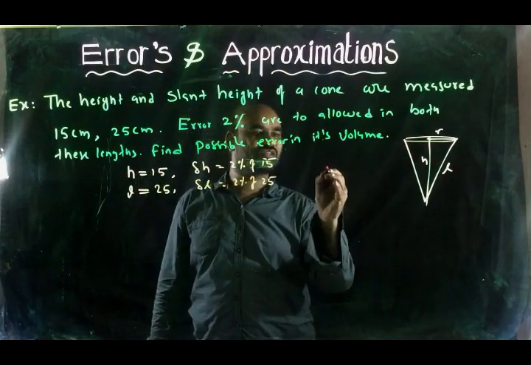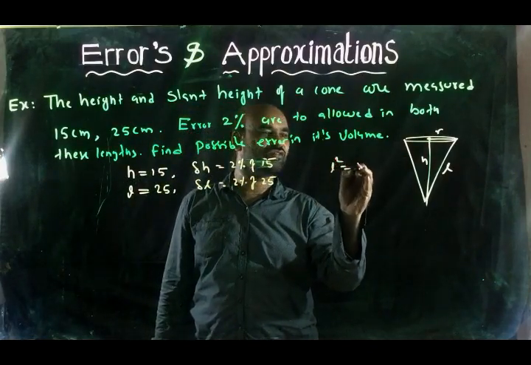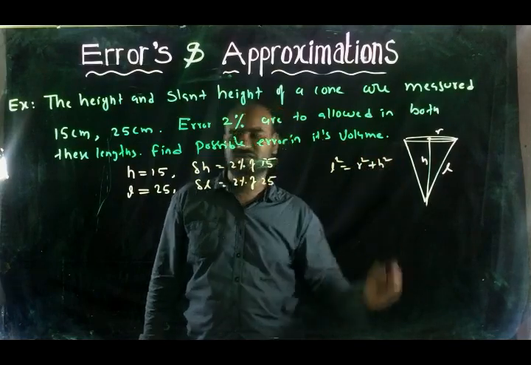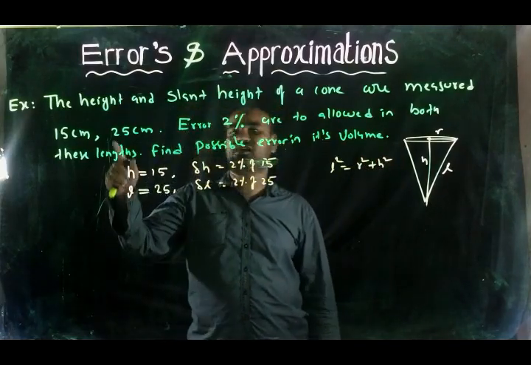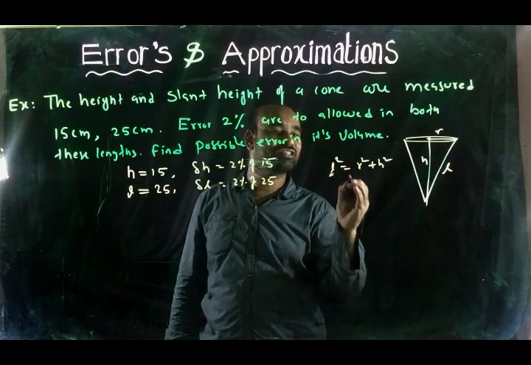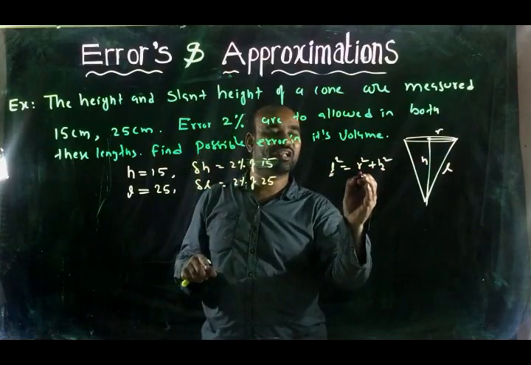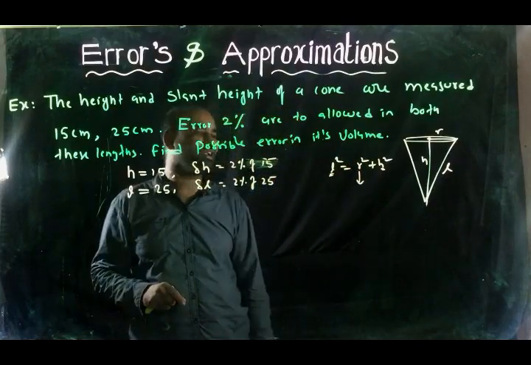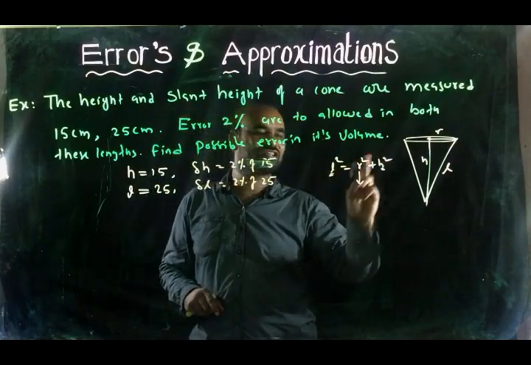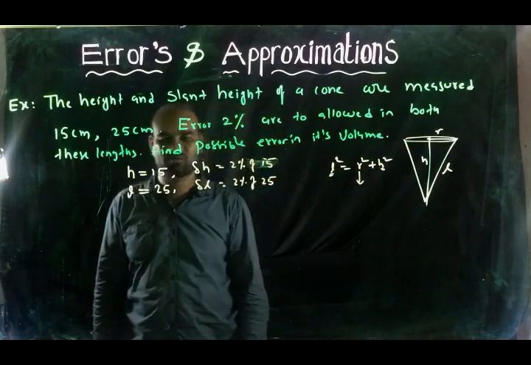Here we know the relation L square equal to R square plus H square. So in slant height and height 2% error is allowed, means automatically in R also 2% error will be allowed, because of the direct relation L square equal to R square plus H square.